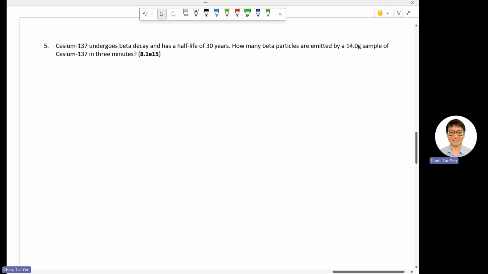Let's look at this first. It says cesium-137 undergoes beta decay and has a half-life of 30 years.